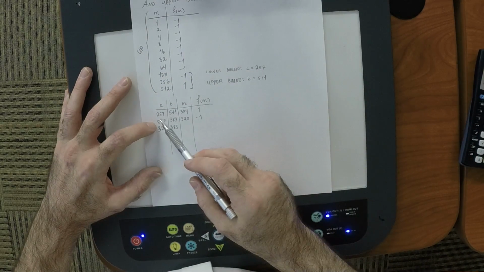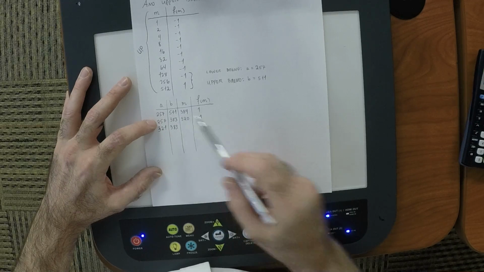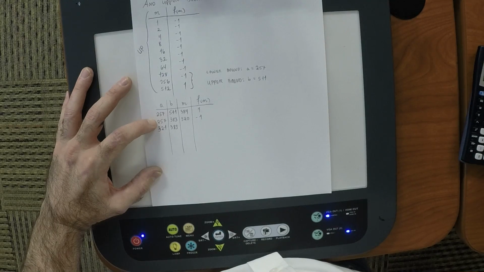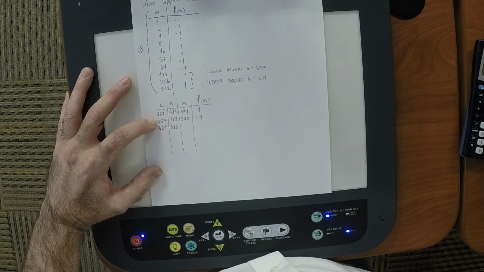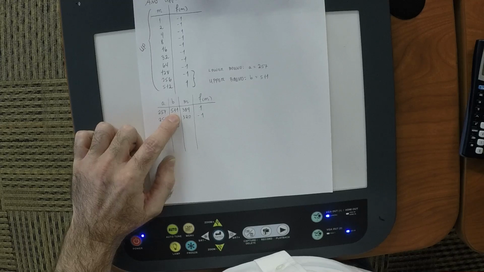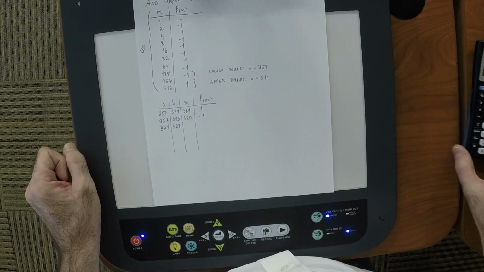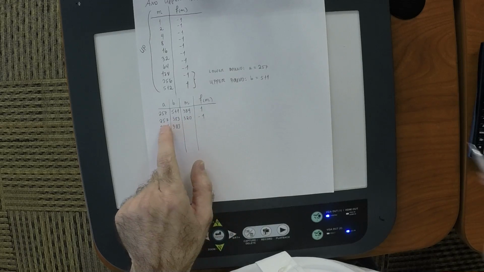Can anyone see where I made an arithmetic error? 384, you said too high.